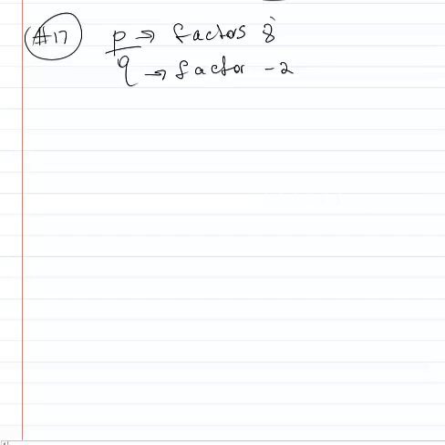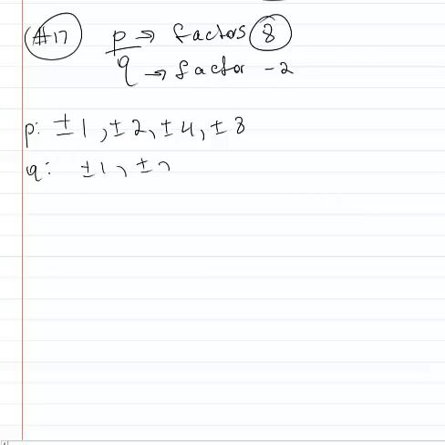The factors of 8 are plus or minus 1, plus or minus 2, plus or minus 4, and plus or minus 8. Factors of q are plus or minus 1, plus or minus 2.